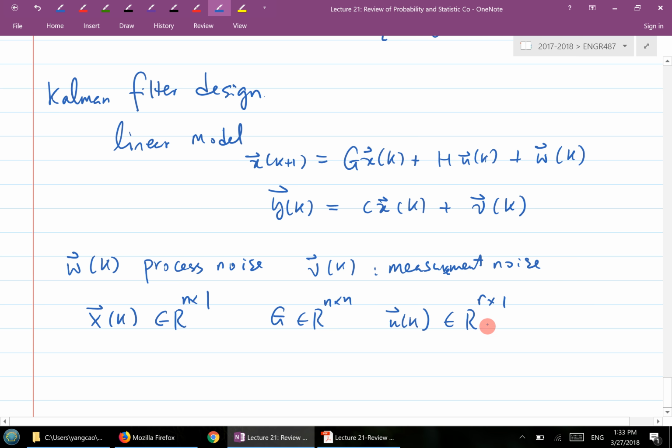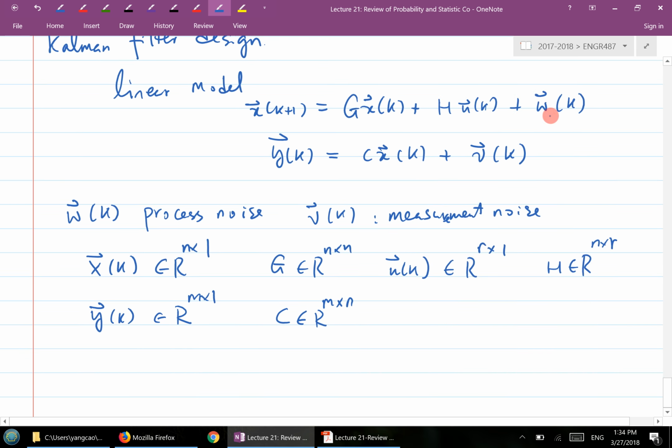Then H will be an n by r matrix. And y is the output of the system. If you have m outputs, then the C here has to be m by n.